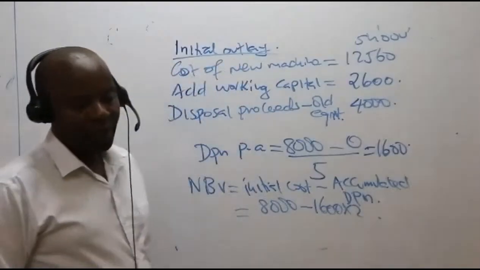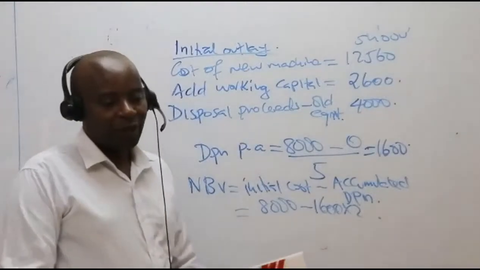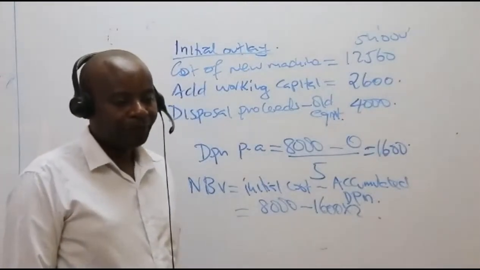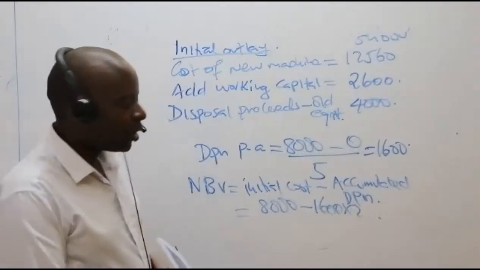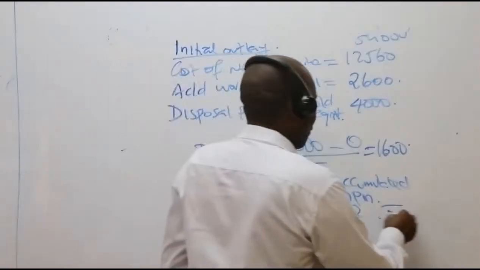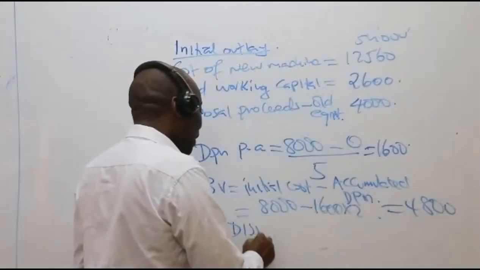Times 2. So then that will give us what figure at the end of the day? So net book value will be 4,800.